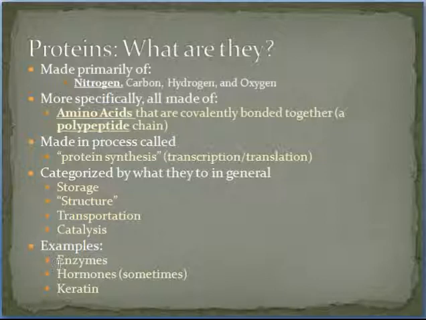For example, we have enzymes, we have hormones, we have keratin. I put sometimes next to hormones because there are hormones that are made of proteins, but a lot, if not most, hormones are made out of steroids, or sterols, which is a type of lipid.